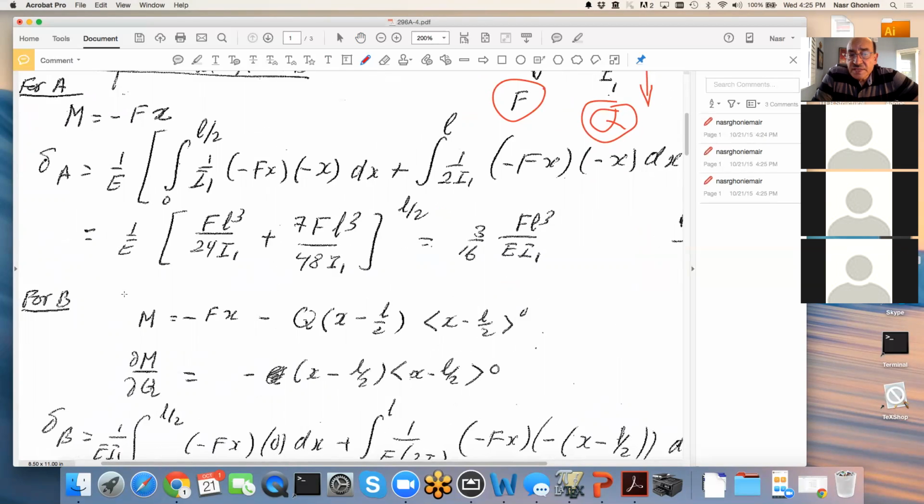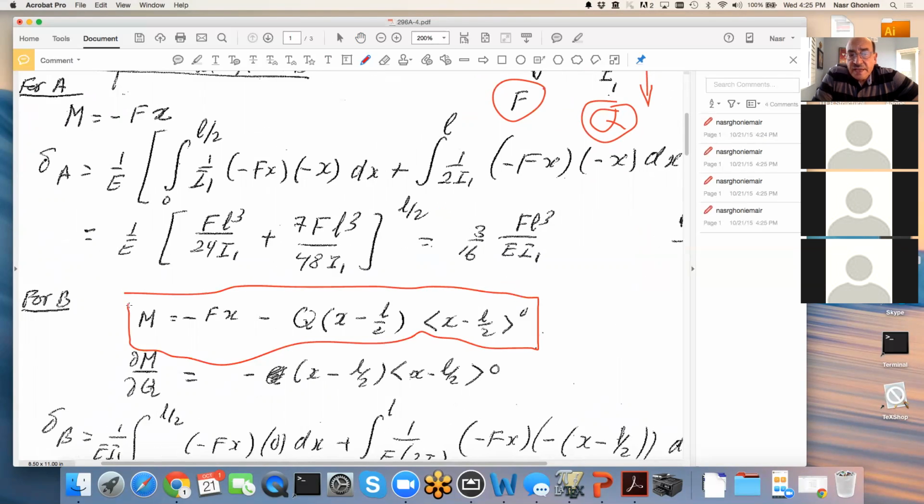So we have a moment equation that has the Fx, and then the Q times X minus L over 2. We take negatives because the curvature is concave, and the activation is a result of this unit step function here.